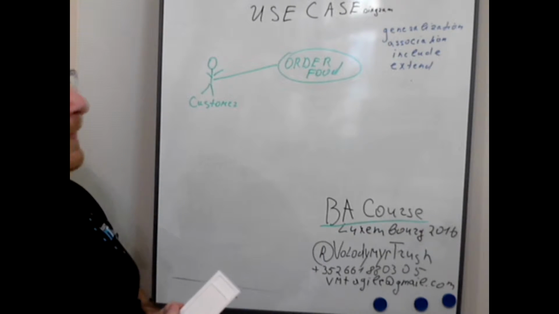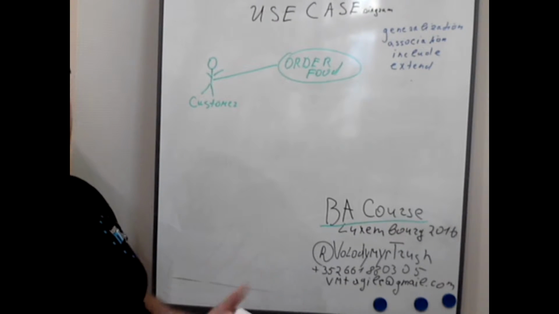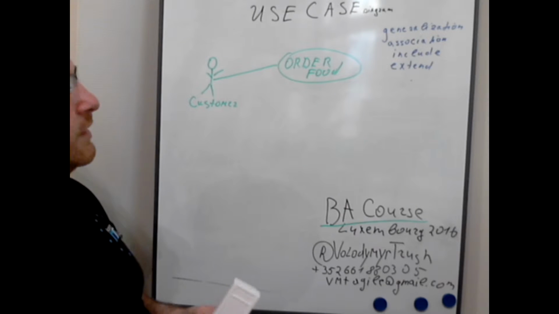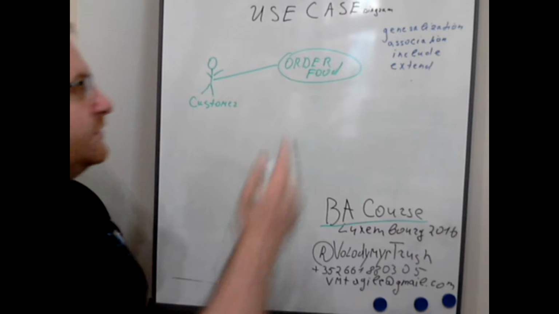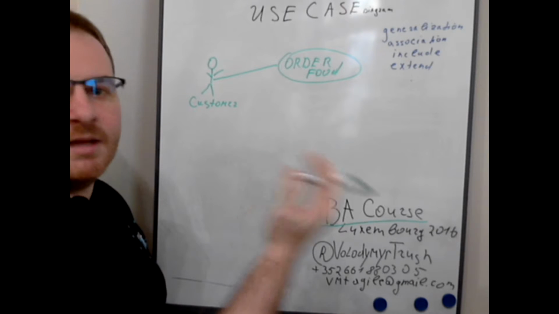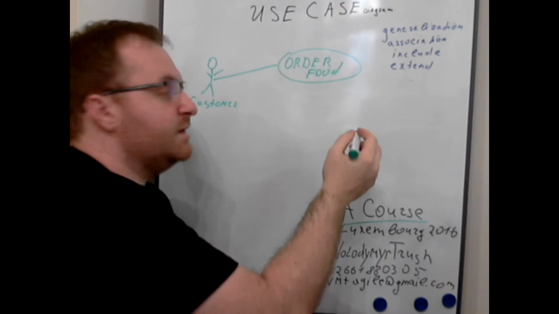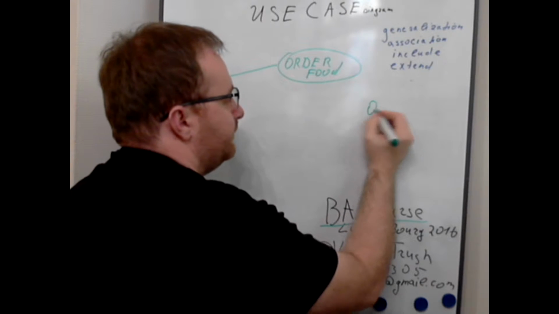That's our system. But when we have some mandatory steps to order the food, then we need to do something else. For example, to order the food, our customer needs to open the catalog. Okay, let's try. We are creating another use case: open the catalog.